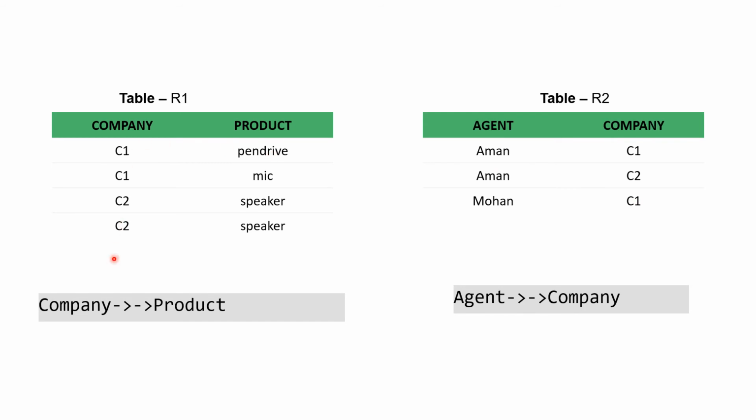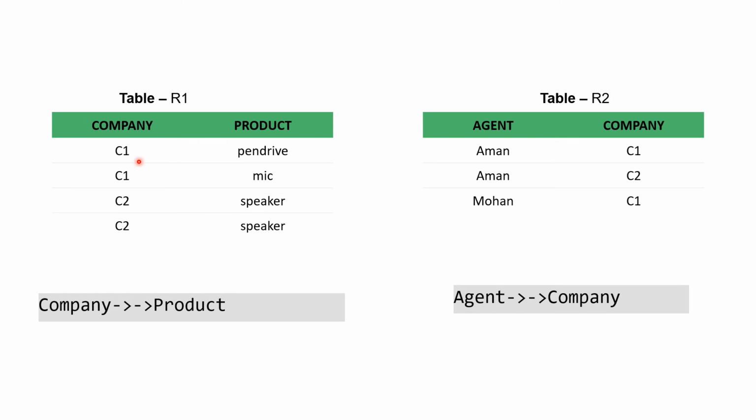Here the company C1 is also determining the product pen drive, and C1 is also determining the product mic. Logically, a company can make many products, so all those products will be dependent on the company, suppose C1.